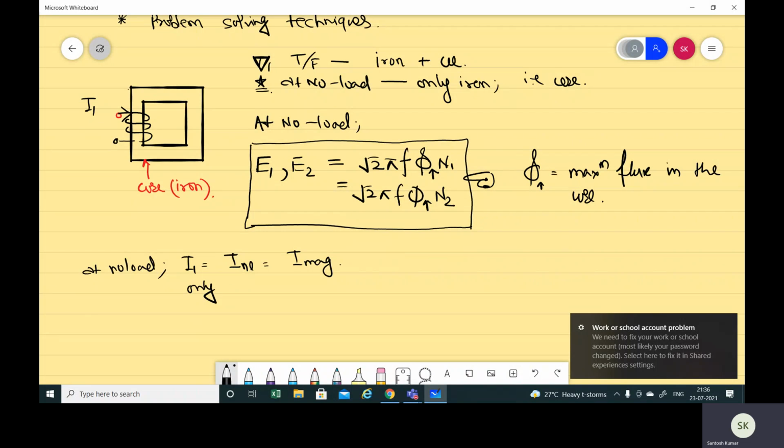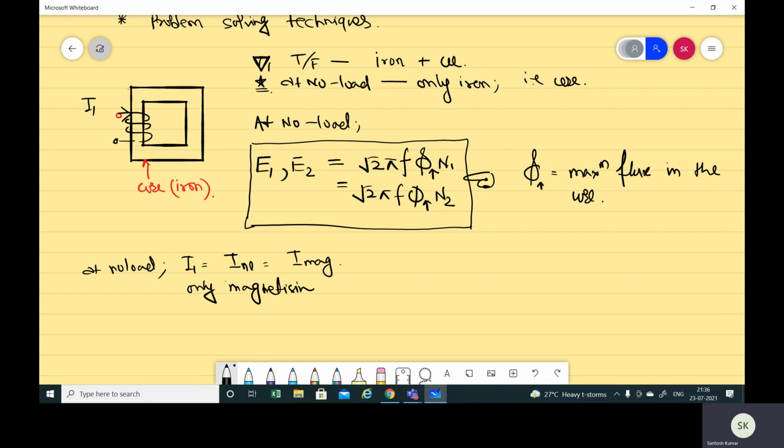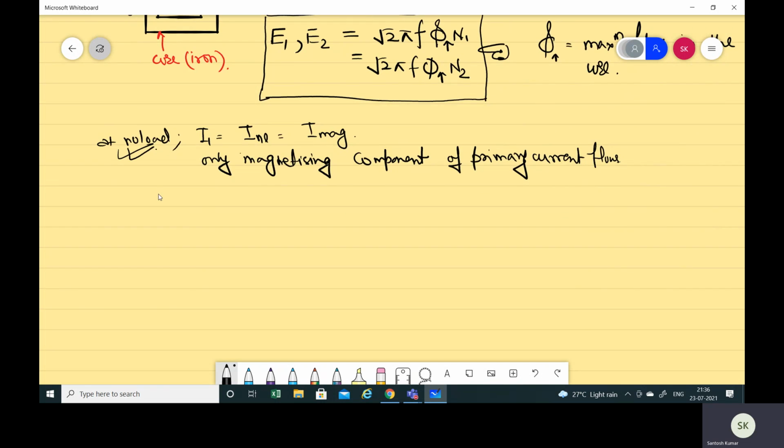There was a technical glitch, it has been sorted out. So only the magnetizing component of the primary current flows at no load conditions. So how can we find the magnetizing current or no load current?